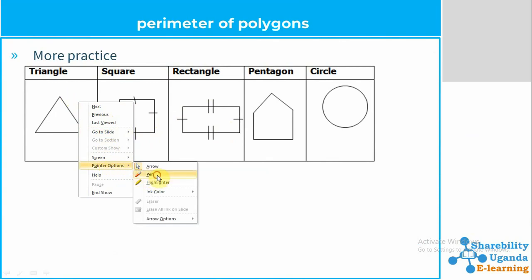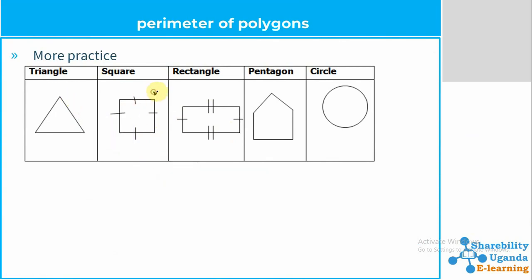That simply means that we shall also be able to look at the perimeter of a triangle, which is already done. Then we shall also look at the perimeter of a rectangle, then the perimeter of the pentagons, perimeter of a circle. So in finding the perimeter, we have to be able to state our sides.